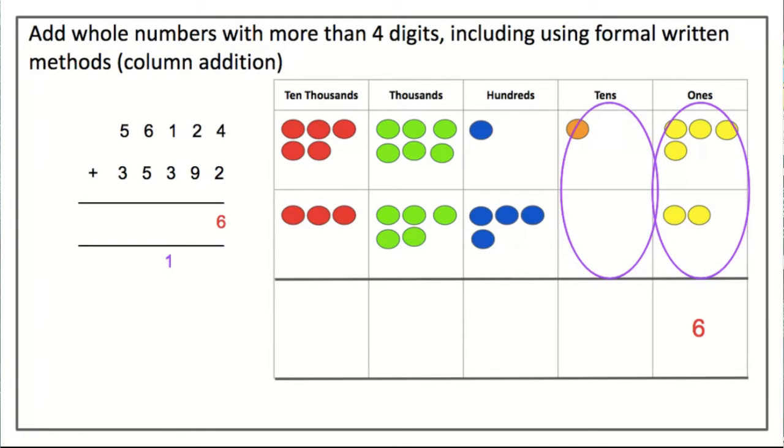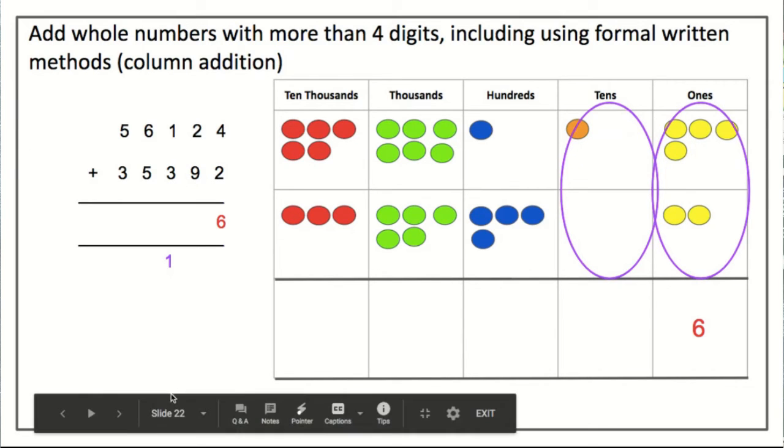This a long time ago would have been known as carrying 1 over. We have placed this 1 underneath our equals line, but some schools may place it above. So for example here or up here, so it might be worth finding this out. Having carried out this regroup, we can see that there is only 1 10 left. The children would then write the digit 1 in the answer section of the tens column.